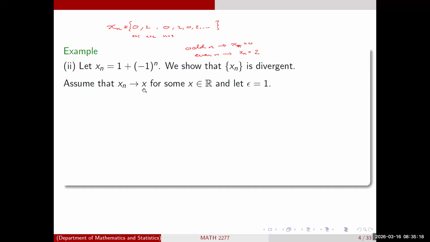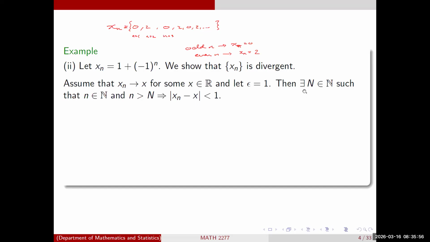to. So that means for any epsilon I choose, I should be able to find a term in this sequence such that if I take terms after it, the distance between all those terms and this mystery number, x, will be within any epsilon I choose. So why don't I choose epsilon to be 1? Okay, so I'm going to choose epsilon to be 1, and I'm now going to argue that no such big N will get me within a distance of 1.